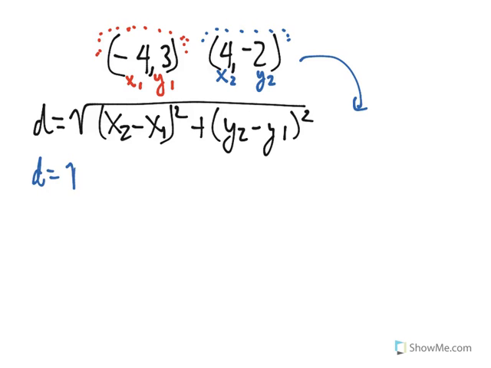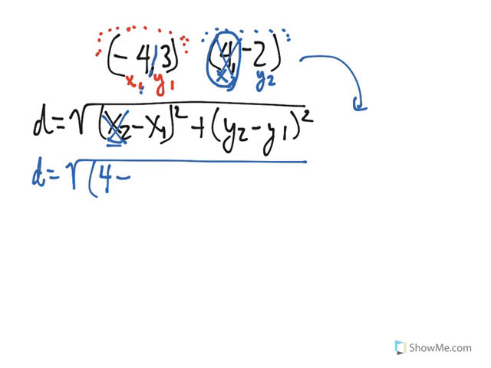All I need to do now is substitute these values into my formula. So d equals square root. Instead of x2, go up top and look for x2. There's x2. 4. That's done. Minus x1. Where's x1? Minus -4. That's done.